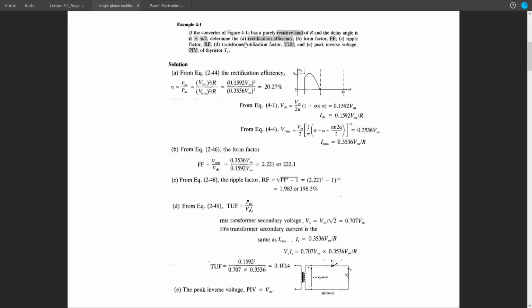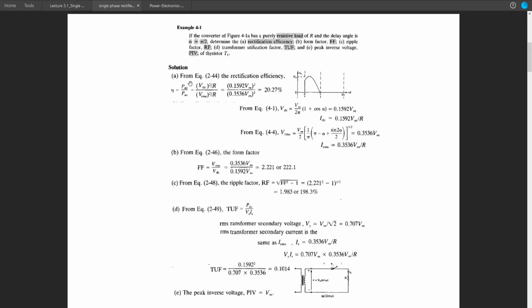We have to determine the rectification efficiency, form factor, ripple factor, transformer utilization factor, and peak inverse voltage. From equation 2-44, we have the formula for rectification efficiency, which is PDC divided by PAC. If the value of the DC component is greater, the rectification efficiency will be higher.